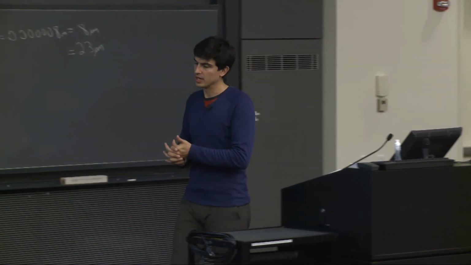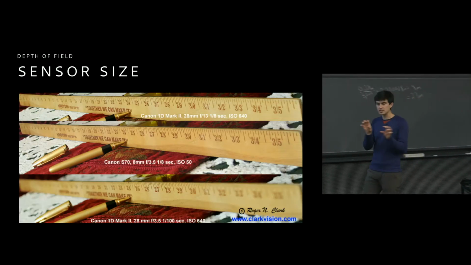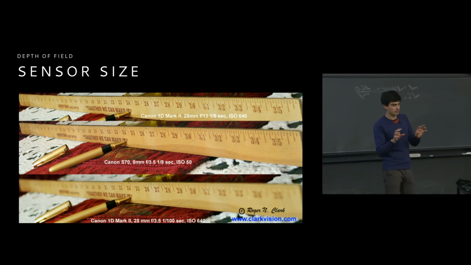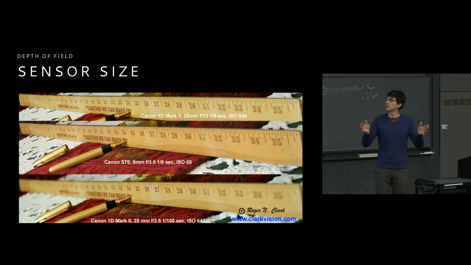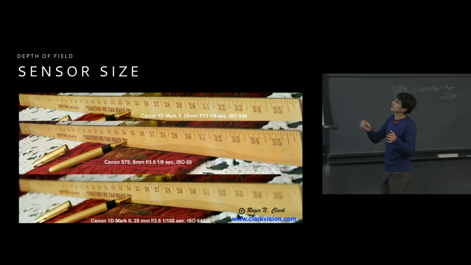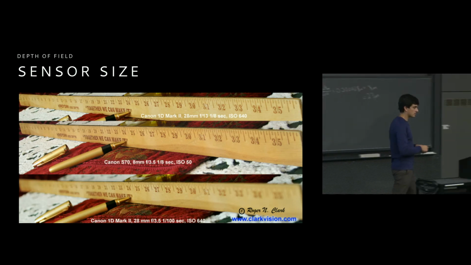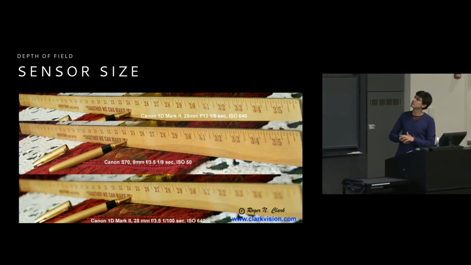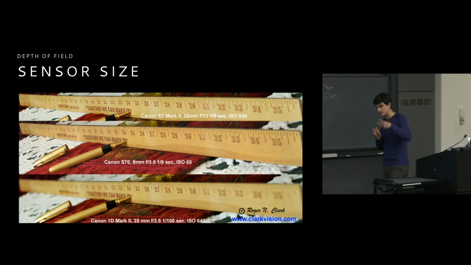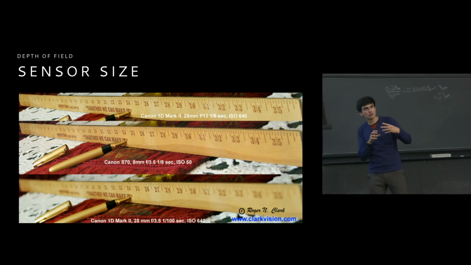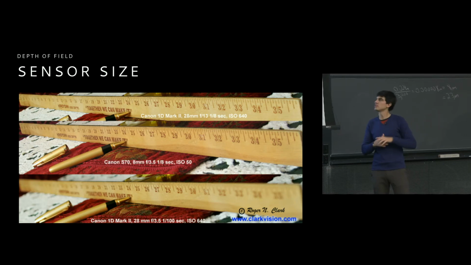So there's no cropping happening here. These two cameras were set up essentially next to each other, but the focal lengths of them were different, so that we were able to capture the same width of the scene. Because of all the reasons that we had been talking about in the first hour, the smaller sensor essentially crops out the center part of a lens, so we then have to change the focal length of the lens in order to capture the same field of view.